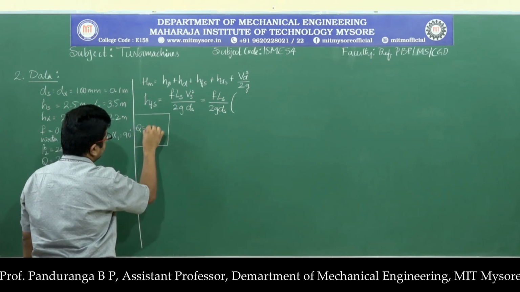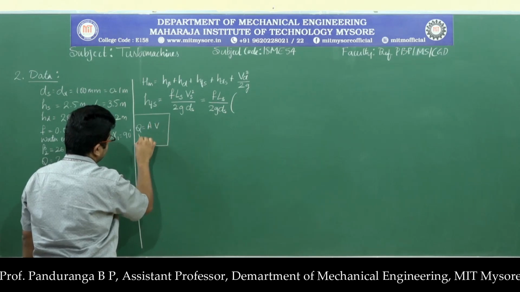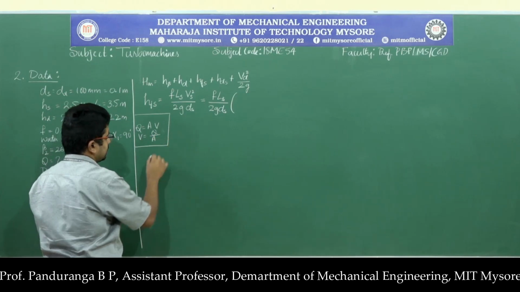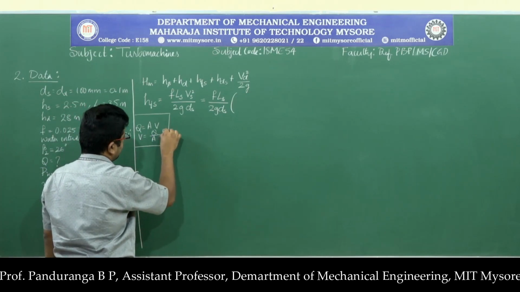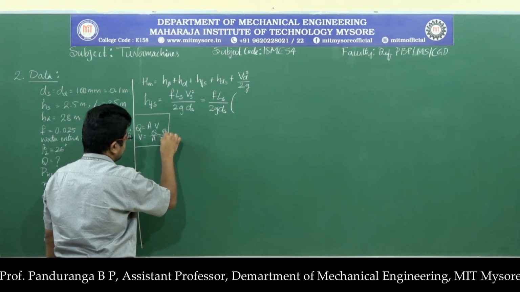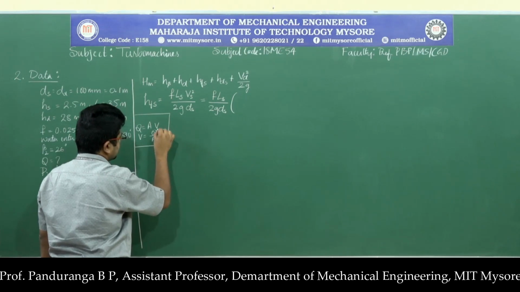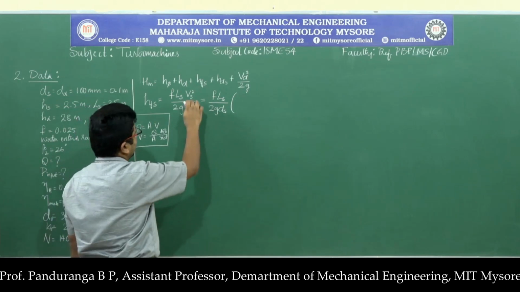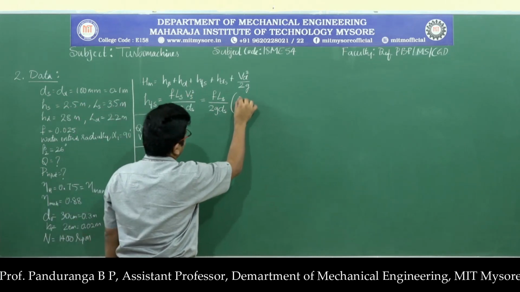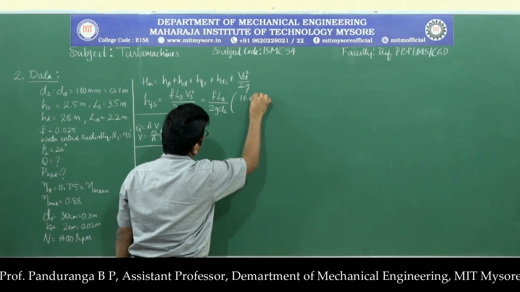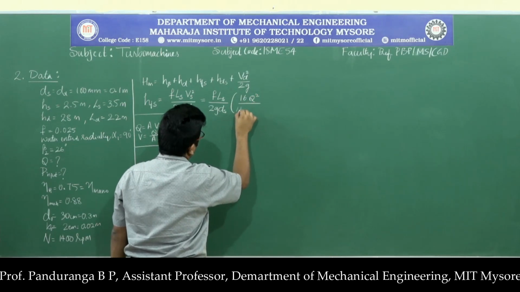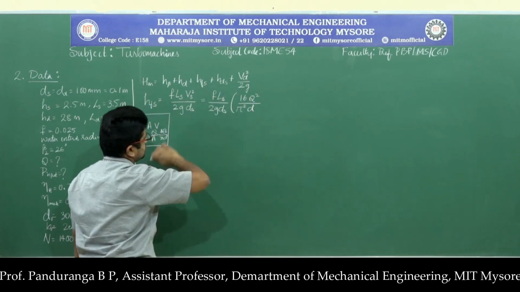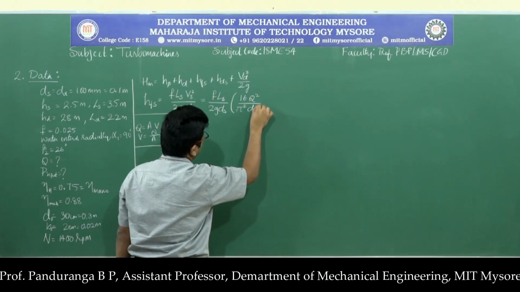Q is equal to A into V, or V can be written as Q divided by A. In this case area is pi d square divided by 4, so V is 4Q divided by pi d square, and here we have the square, so it becomes 16Q square divided by pi square into ds to the power of 4.